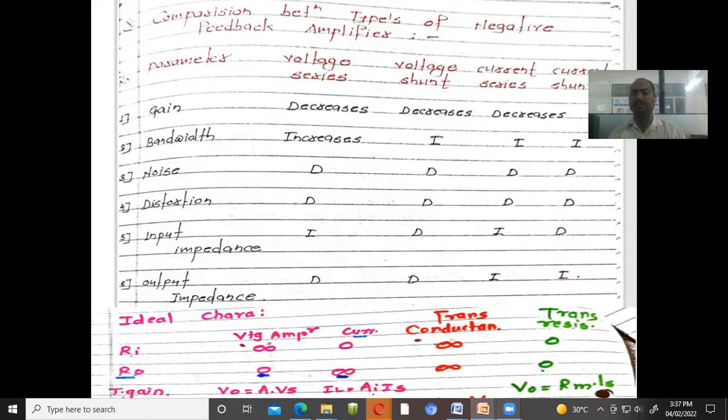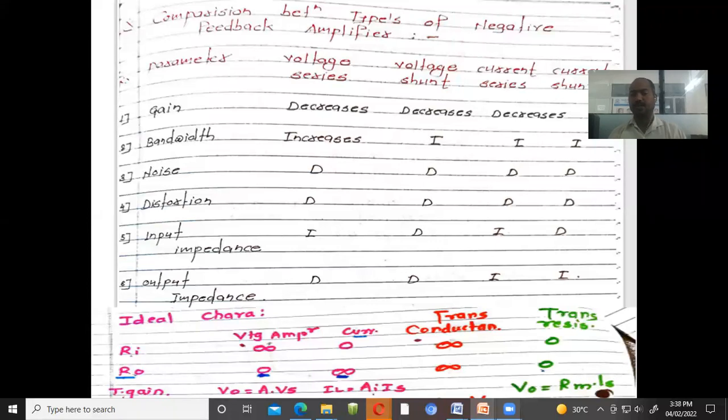Now we have seen the other type of feedback, that is negative feedback. Negative feedback reduces the output gain of your transistor, but this type of feedback is still preferred. The reason is that, due to negative feedback, there is a decrease in gain, but it stabilizes the gain.